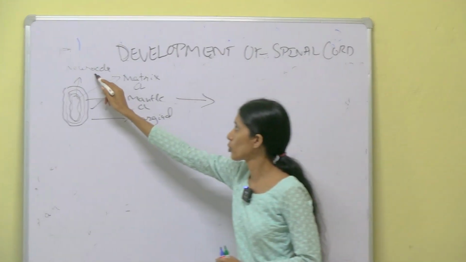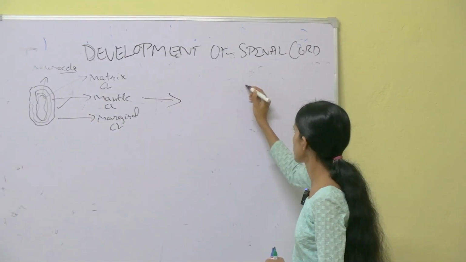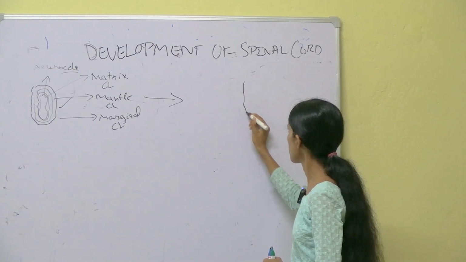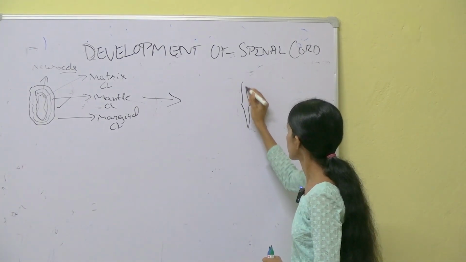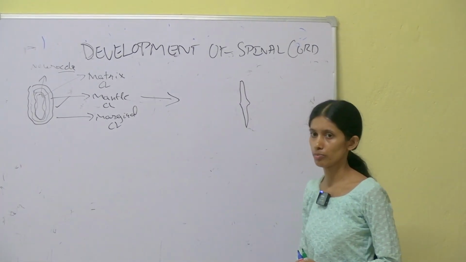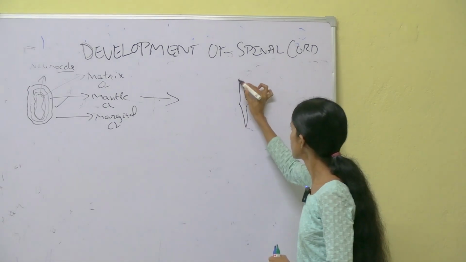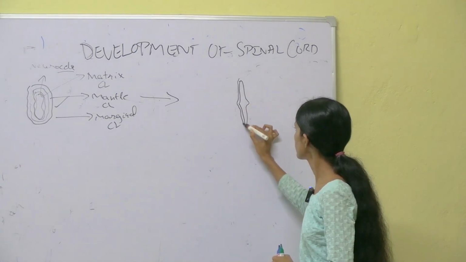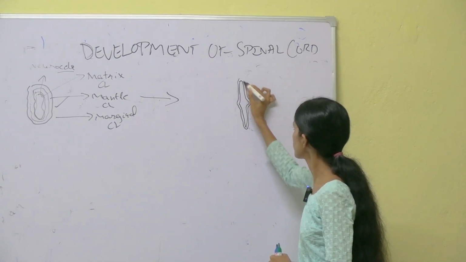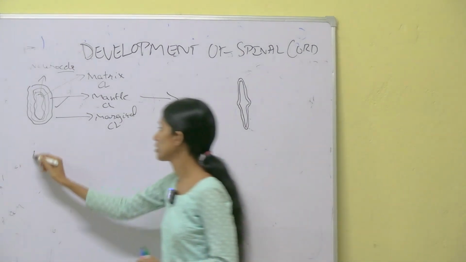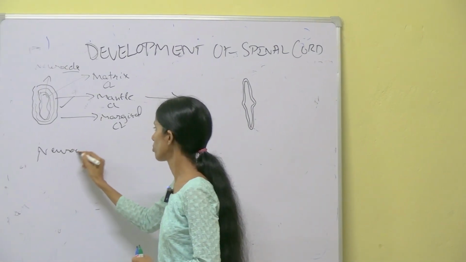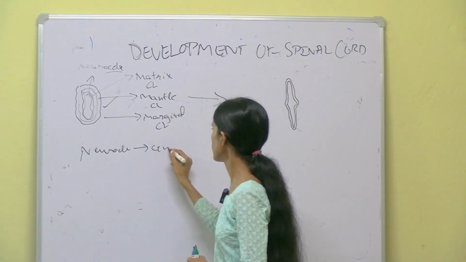Okay, your neurocoel is going to develop as the central canal of the spinal cord. Okay, so the neurocoel is going to develop as the central canal.